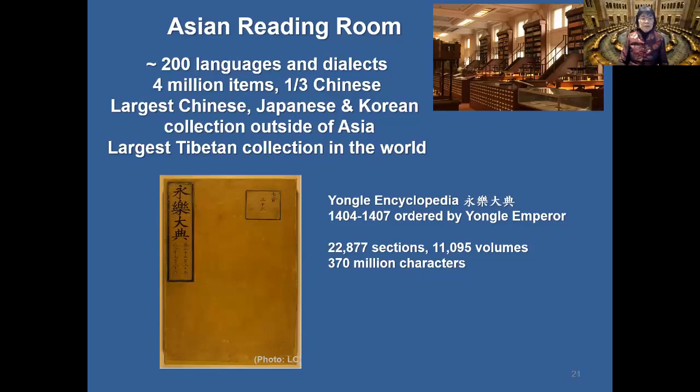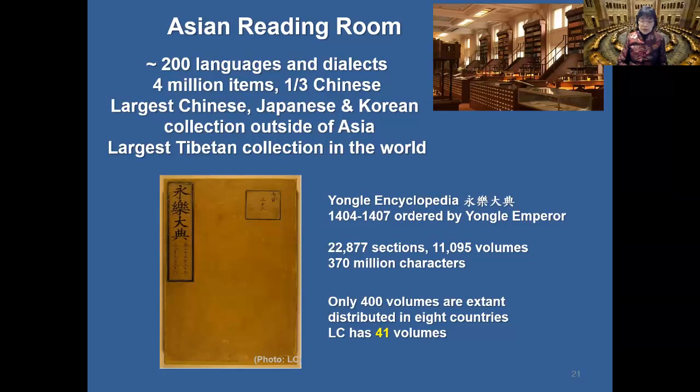It's stored at different places, but during the war, during the fire, only 400 volumes were left among all of these. It's distributed in 8 different countries. China has the biggest collection, and LC has 41 of them, which is quite unusual, like 10% of the existing volumes is here in the library.